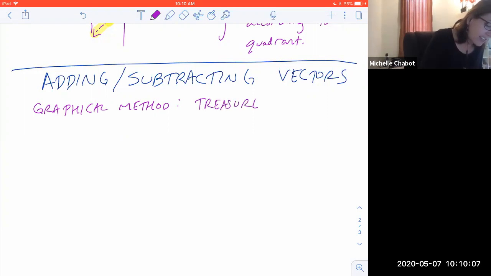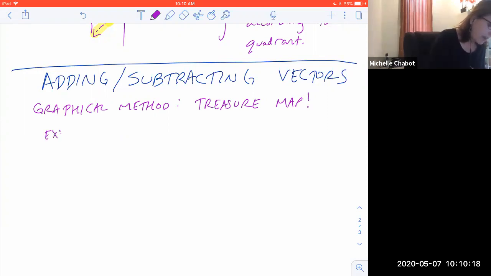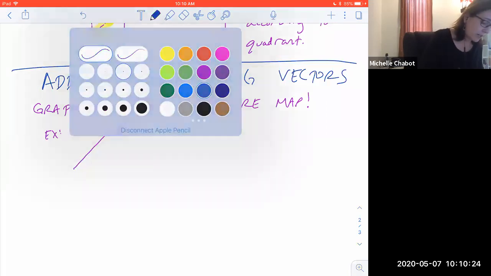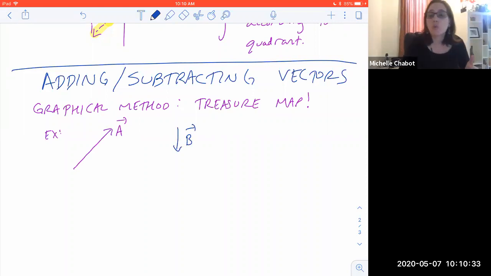Whether or not it is a position vector, you want to still consider it just like a treasure map. So let's say that, for example, I have some vector A, which I'll draw in purple, and then I'm going to have some vector that I want to add it to, and I'm going to just draw a vector B straight down. So what would be A plus B?